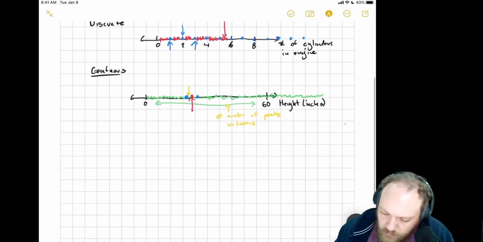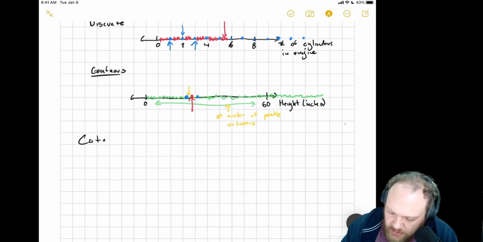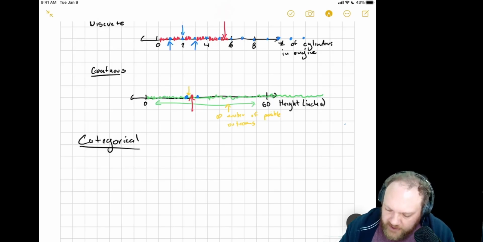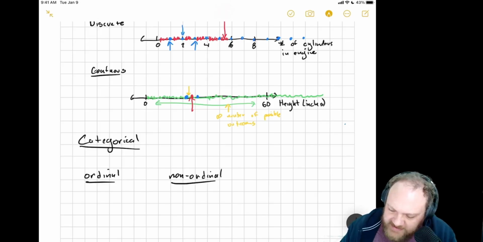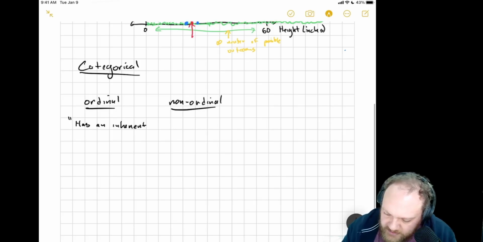Now, when we go to categorical data, right, there's one more thing that we can say about categorical data, and we can see that it is either ordinal or we can say it is non-ordinal in nature, right? And when I say ordinal, what I mean is it has an inherent order, right?